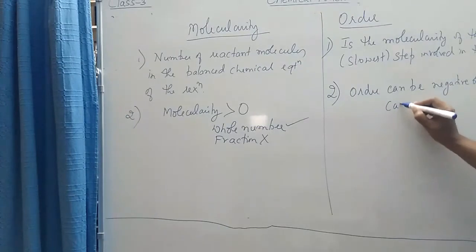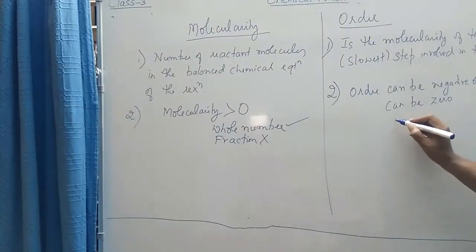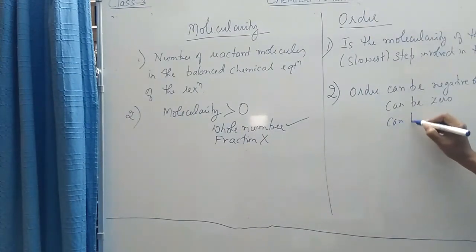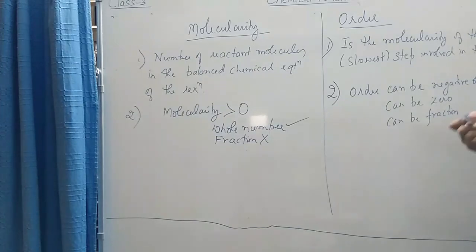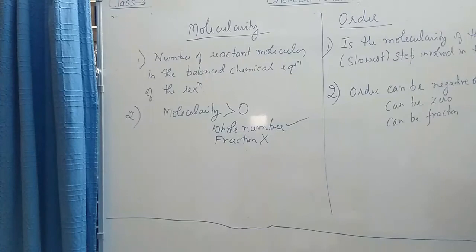It can be 0. We have several zero ordered reactions. It can be even a fraction. So order of a reaction can be positive or negative. It can be even 0. It can be even a fraction. As the reaction gets complicated, you will see that in some cases order becomes negative, it becomes 0, or it can be even a fraction.